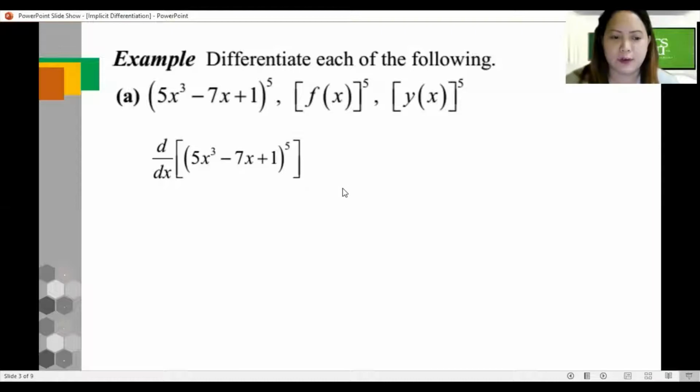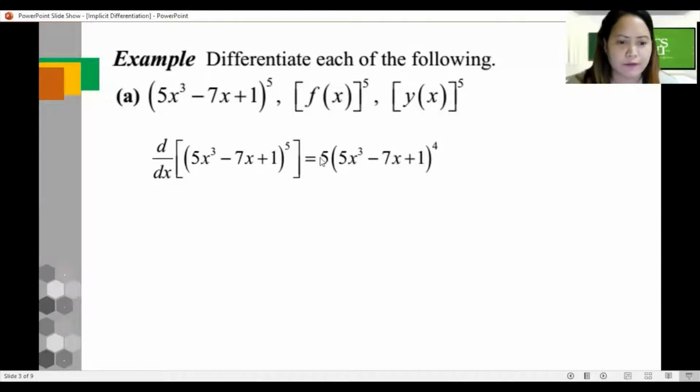So we have 5, the usual taking of derivative. We take 5 down, copy everything in the parentheses, so that we still have the power deducted by 1. So it becomes 4. That will be our next factor.